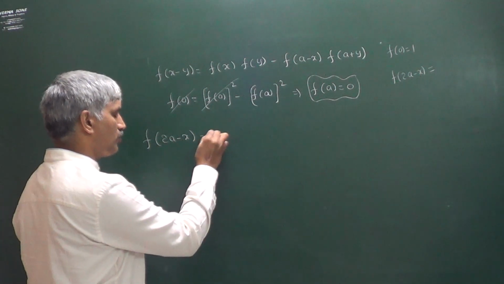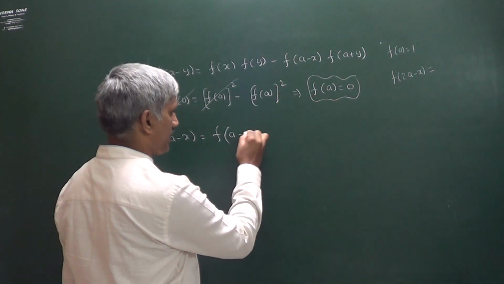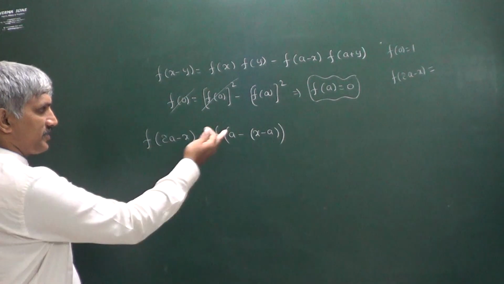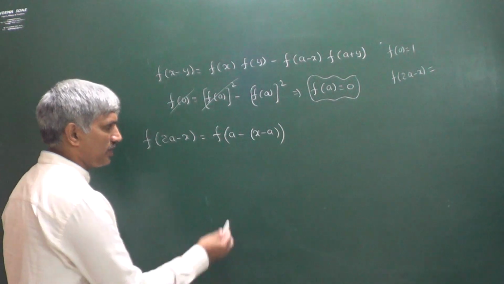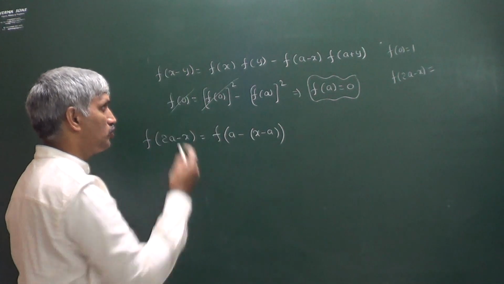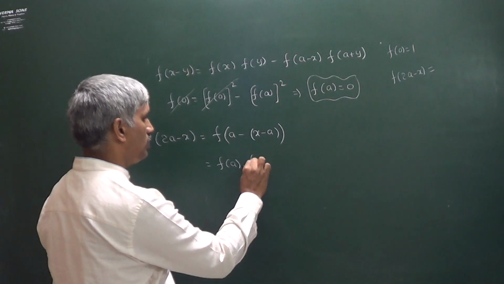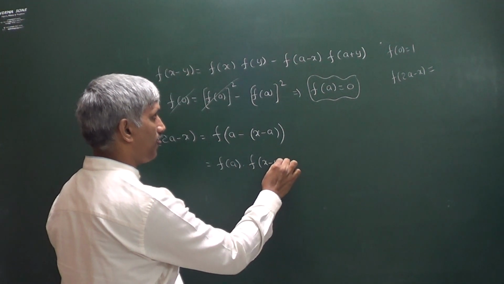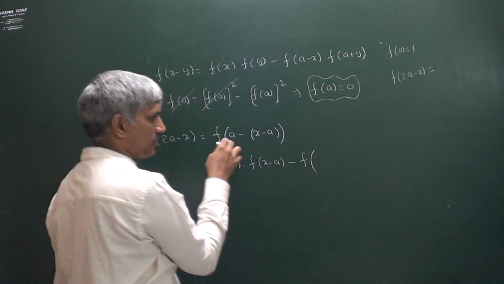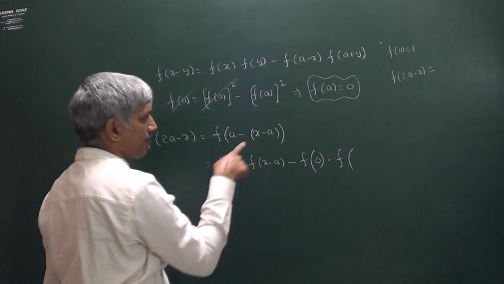Now I can write f of 2a minus x as f of a minus x minus a. I can write 2a minus x in this way. So now you can observe it is in the form of f of x minus y. So we can use this definition. We can write this one as f of a into f of x minus a minus f of a minus x, that means f of 0 only, into f of a plus y.